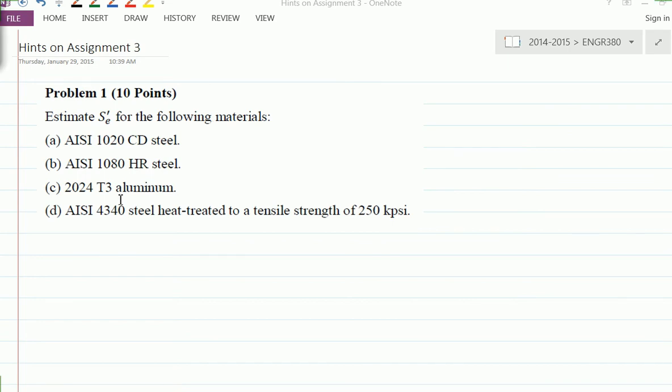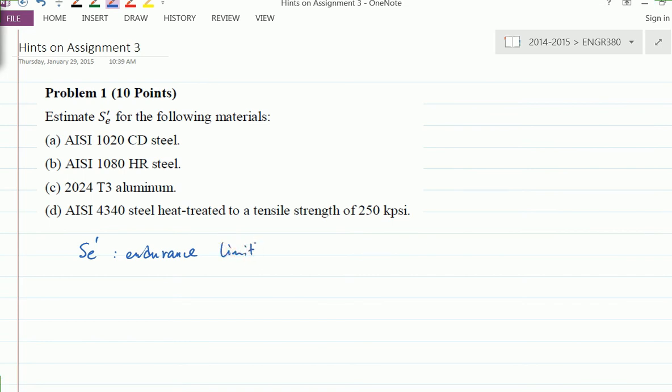So the first question is to estimate the Se prime. If you recall, Se prime is the endurance limit under lab conditions, but suppose you don't have the lab test results, how do you estimate this Se prime?